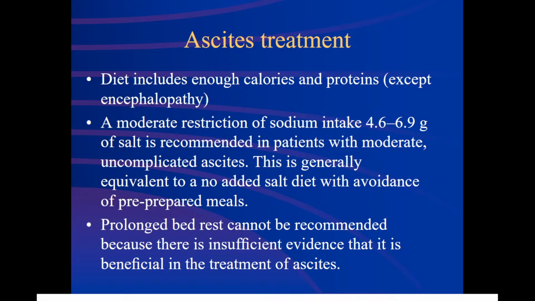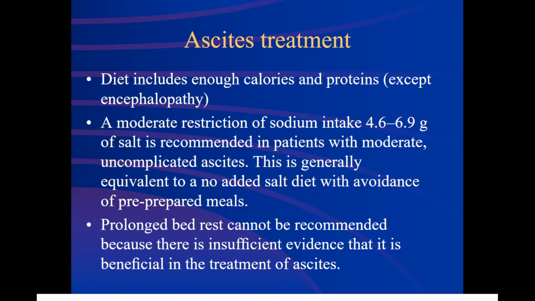This is generally equivalent to a no added salt diet with avoidance of pre-prepared meals. There is no need to add salt, because salt is already present, for example, in bread and sausage, and this salt is enough for a patient with ascites. No need to add something more.